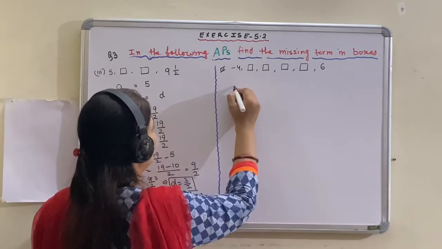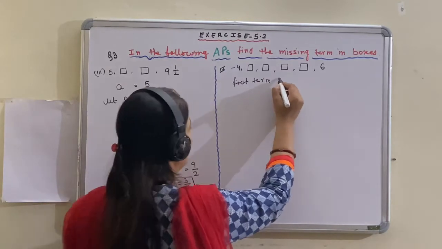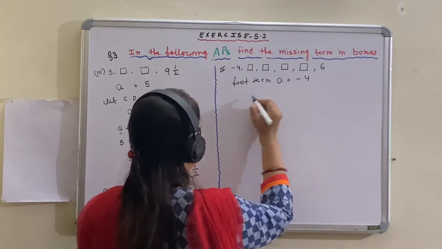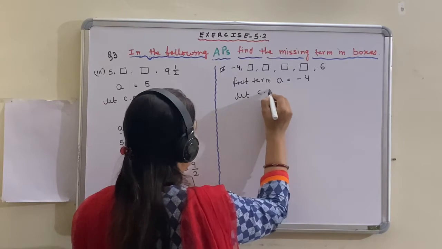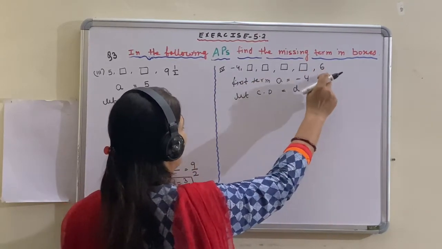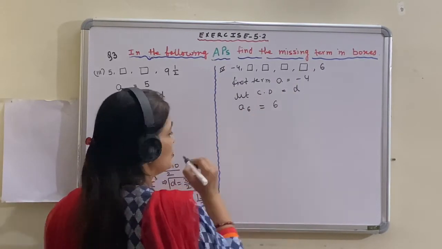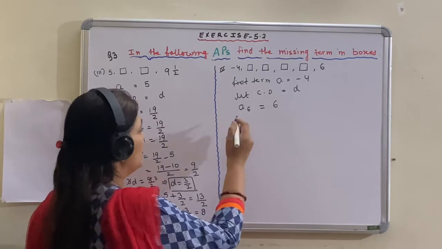In fourth part, first term को हम A से रिप्रेजेंट करते हैं, so it is -4. Let common difference is equals to D, and 1 2 3 4 5 6 sixth term means A6 is equals to 6, और A6 के प्लेस पे हम क्या रख सकते हैं?